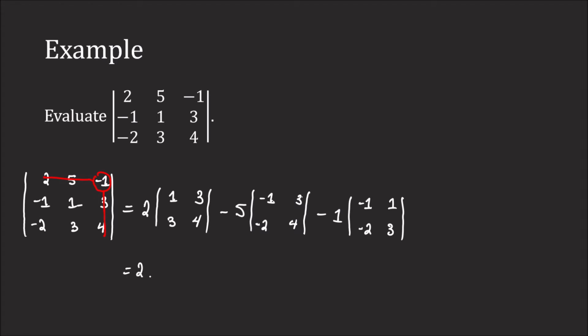So this equals 2 times (1 times 4 minus 3 times 3) minus 5 times (negative 1 times 4 minus 3 times negative 2) minus 1 times (negative 1 times 3 minus 1 times negative 2).